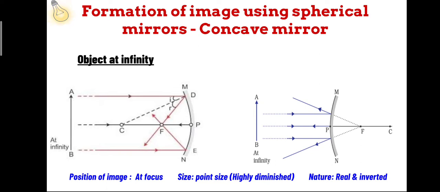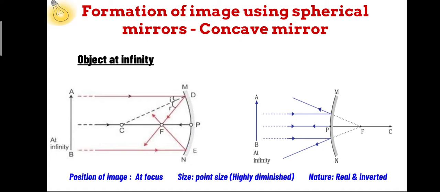You can see that there are two rays drawn here parallel to the principal axis that reach the mirror and after reflection pass through the focus of the mirror, and this shows that the image is formed at the focus. So here we need to understand that the position of the image is the position where the two reflected rays coincide.